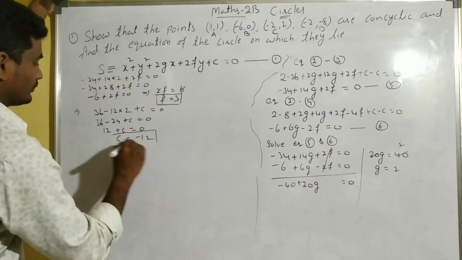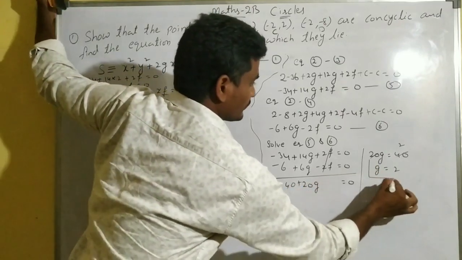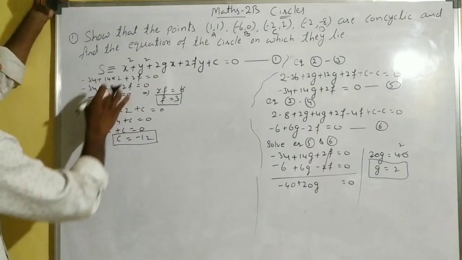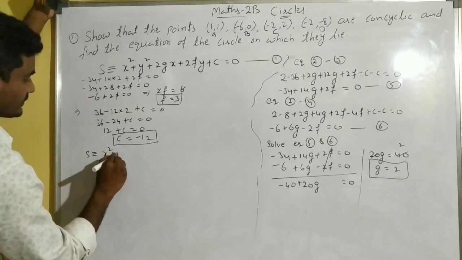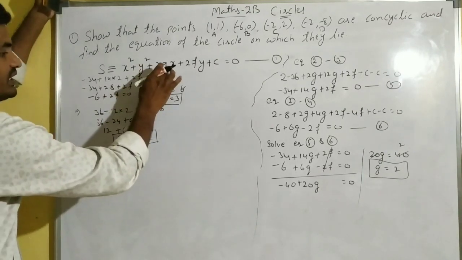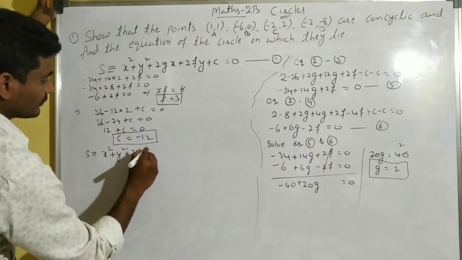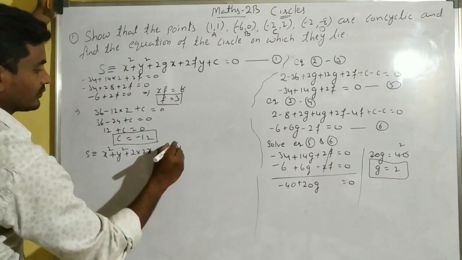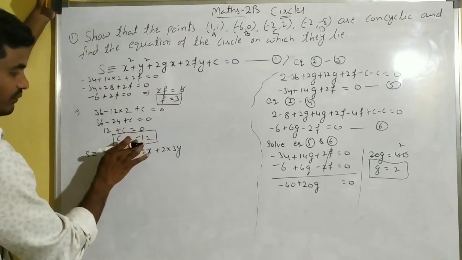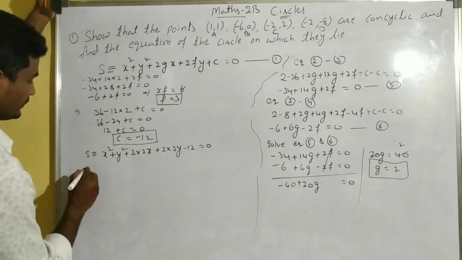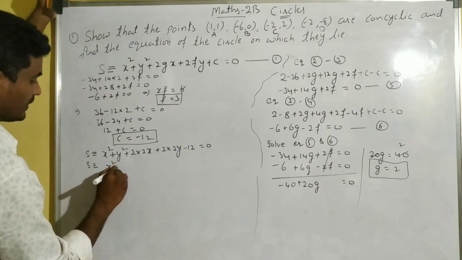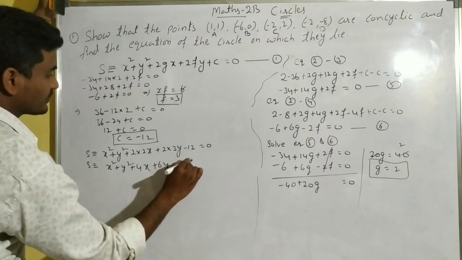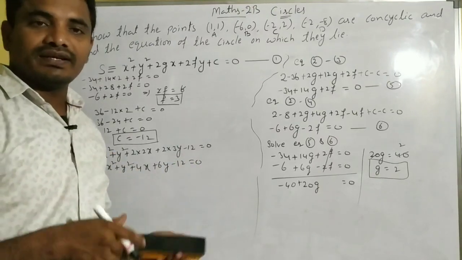I am going to substitute these values in the equation S, and this is x square plus y square plus 2g x plus 2f y plus c equals 0. g equals 2, f is 3, c equals minus 12. x square plus y square, 2 twos are 4, 4x, 2 threes are 6, 6y, minus 12 equals 0. Yes, finally we got a circle equation.